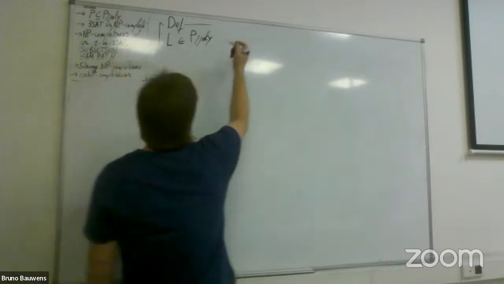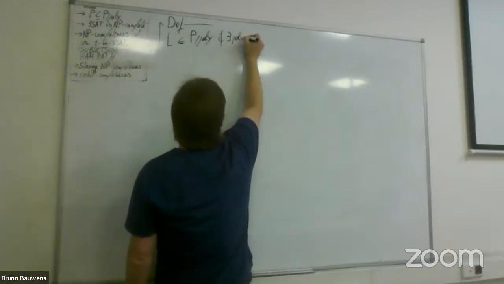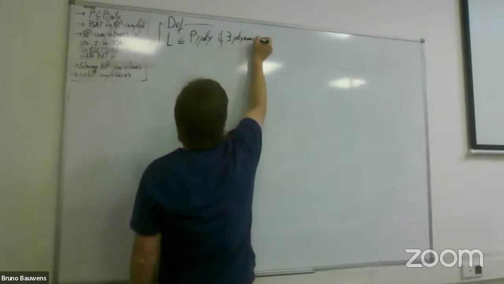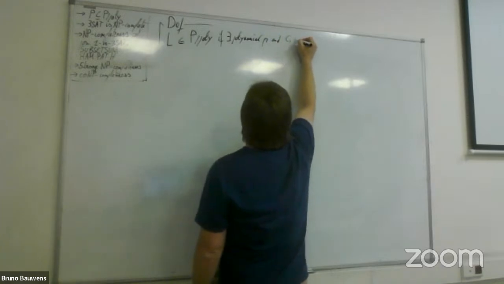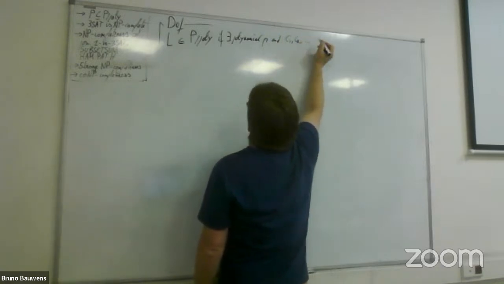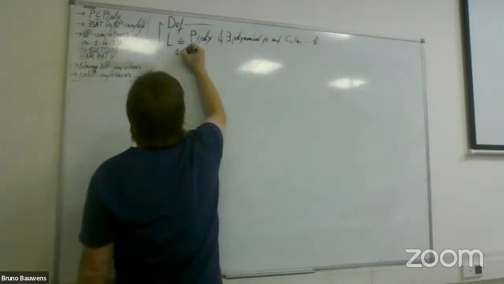So L is in P/poly if there exists a polynomial p and a family of circuits C1, C2, and so on, such that 2 conditions are satisfied.